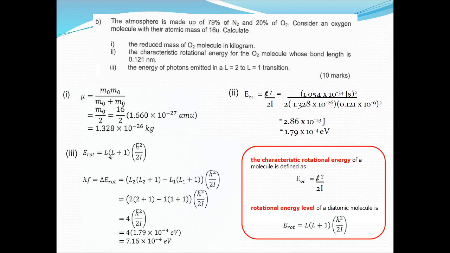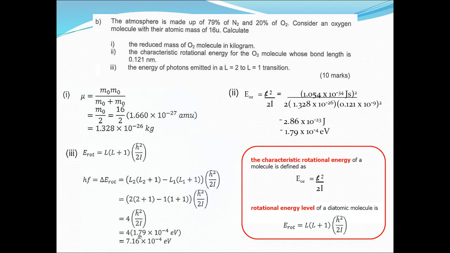The final minus the initial, here from 2 to 1, so level 2 minus level 1. So you substitute the value 2 here, this one is constant, minus level 1, the value is 1. So you get this final equation.